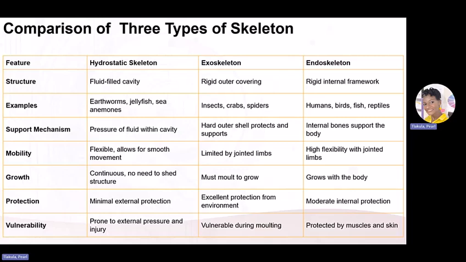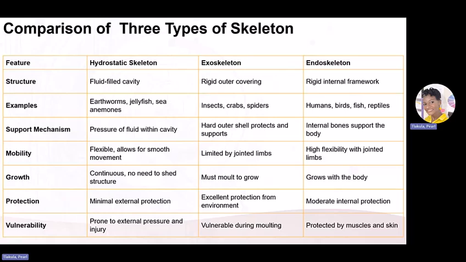In terms of structure, the hydrostatic skeleton has a fluid-filled cavity, the exoskeleton has a rigid outer covering, and the endoskeleton has a rigid internal framework.